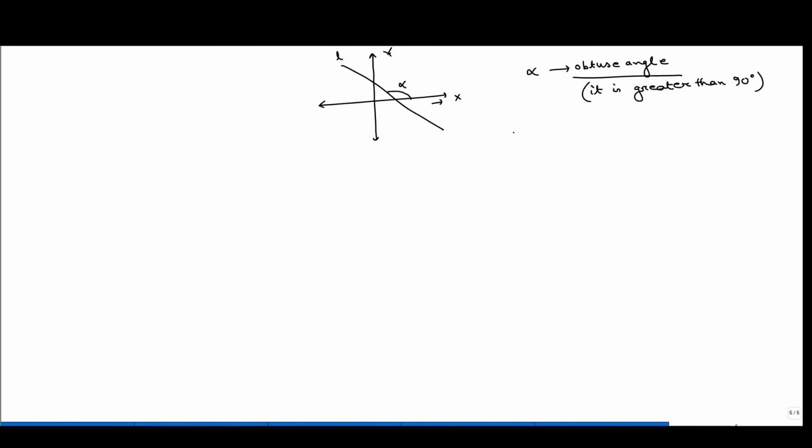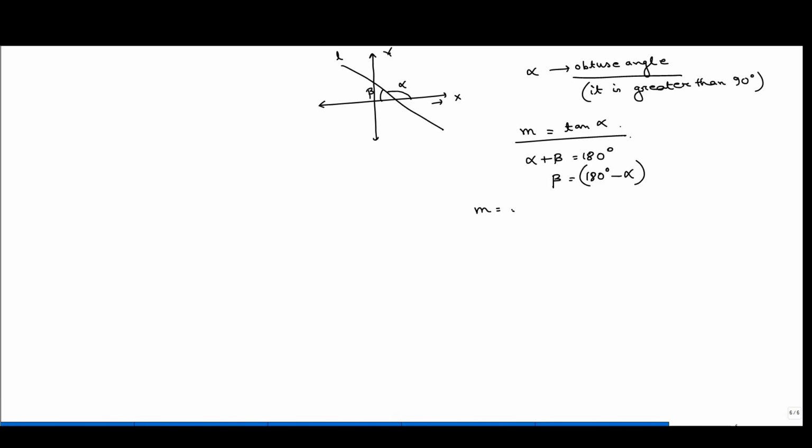So here the slope of this straight line, let it be m, is nothing but tan of alpha. Now suppose this angle is beta. Now beta is an acute angle because alpha plus beta is 180 degrees and alpha is greater than 90 degrees, so beta should be strictly less than 90 degrees. So beta is nothing but 180 minus alpha.